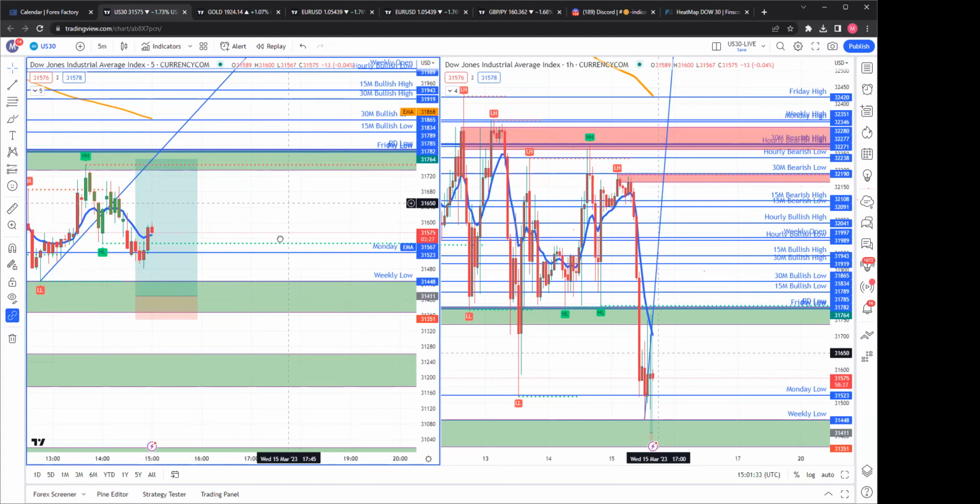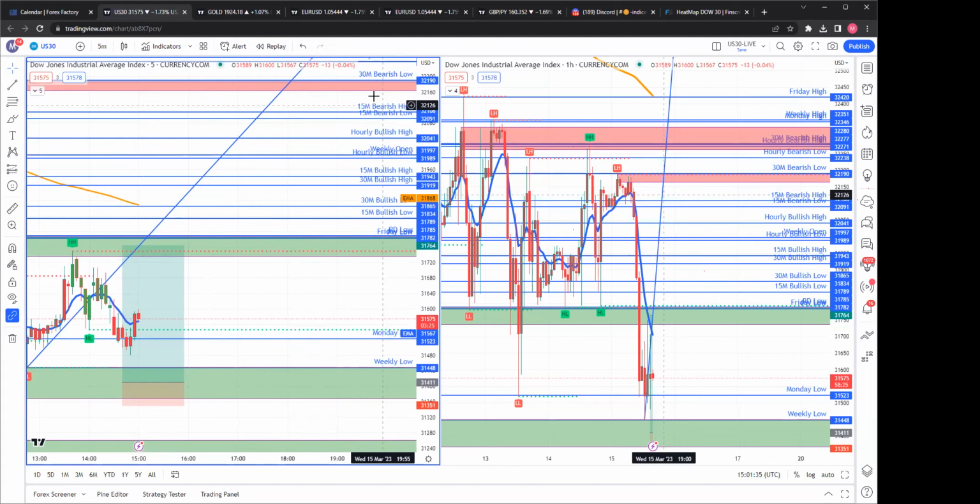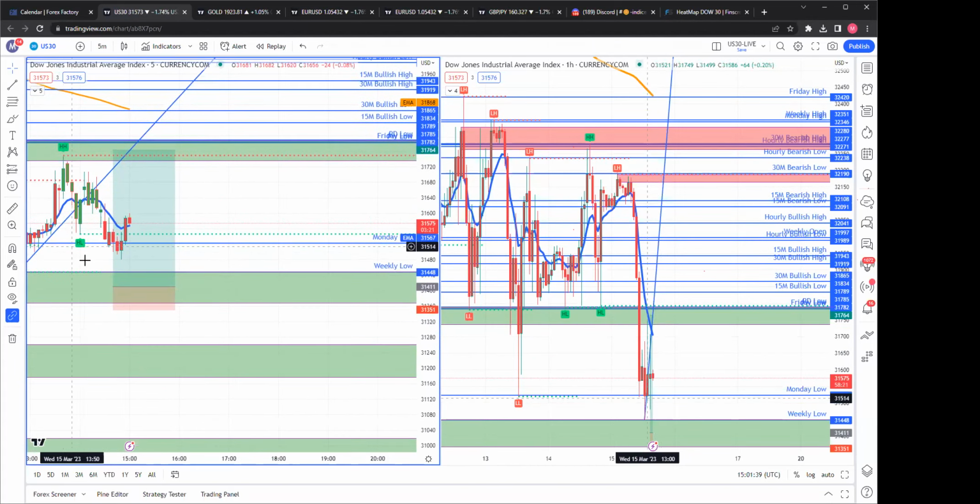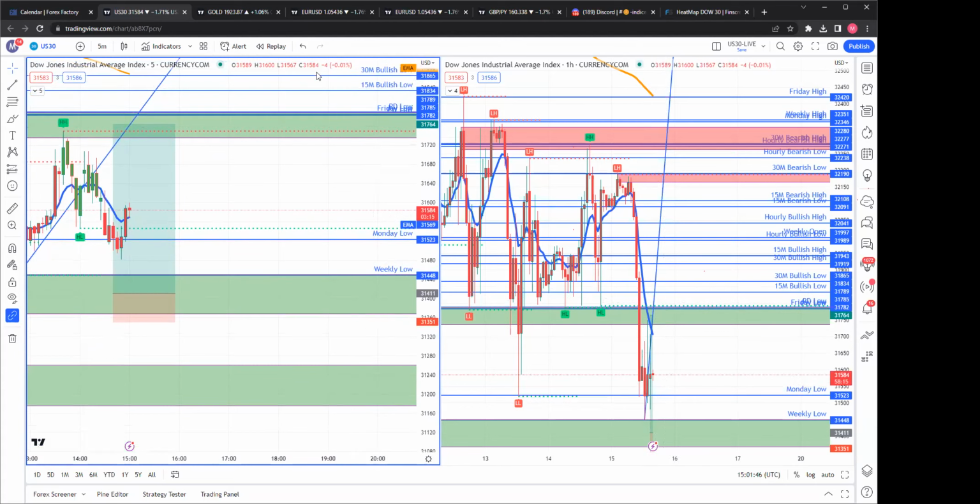So when I draw these lines on the charts, forget about what's happening here. Don't look at this. Let's focus. If price is here, let's focus on this line and this line. Right now, even though I'm looking at the chart, I don't care about the 15-minute bullish low. I don't care about the 30-minute bullish low. The only thing I'm caring about is the Monday low and the weekly low. That's it.